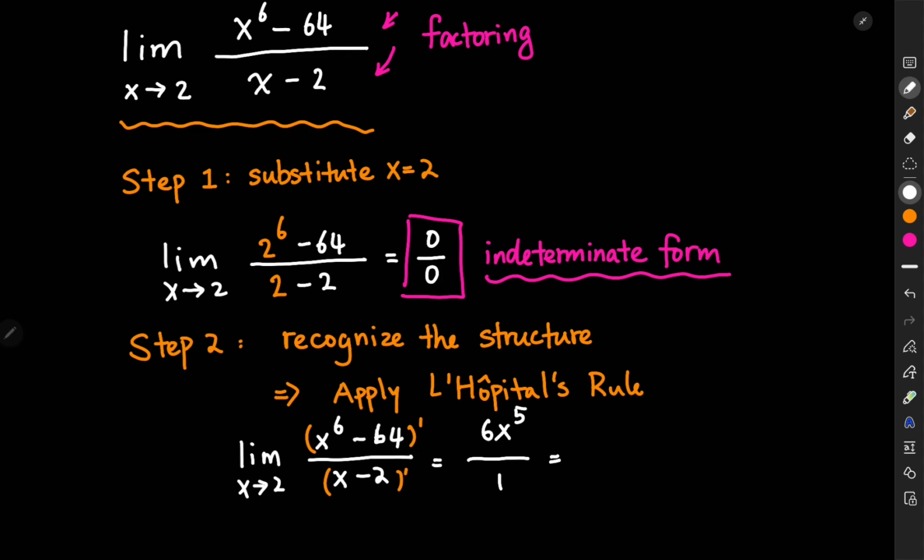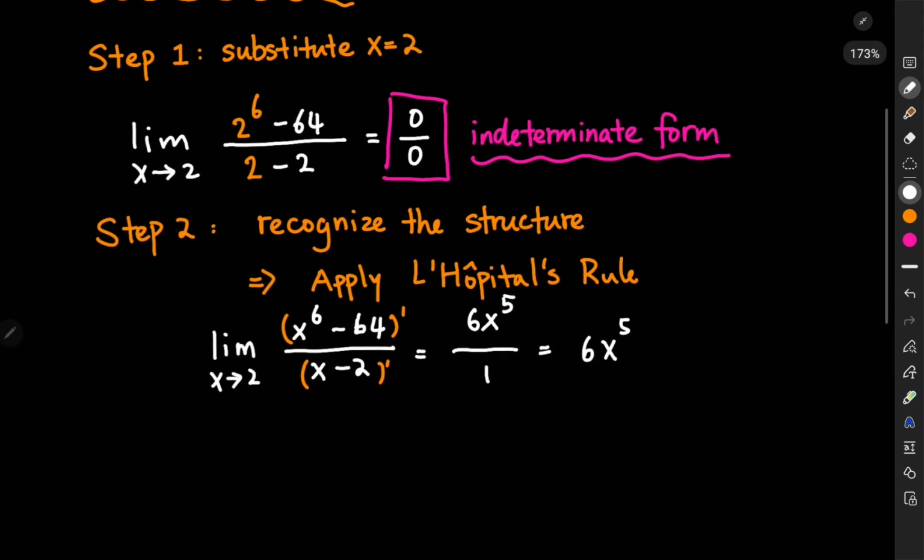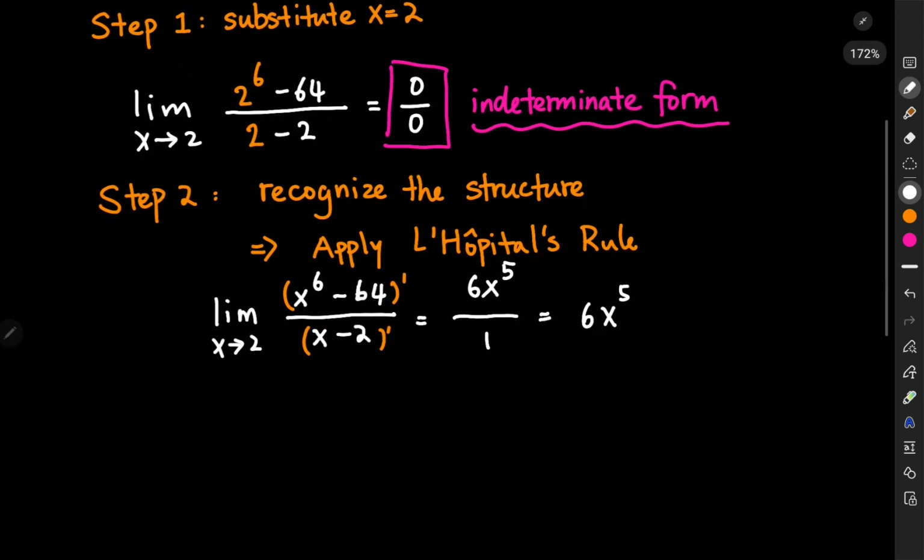So by using L'Hopital's rule, we know that the limit for our original equation is also going to be the limit of the function 6 times x to the 5th. So now, since we don't have an indeterminate form anymore, we can directly plug in x goes to 2 into our new equation.